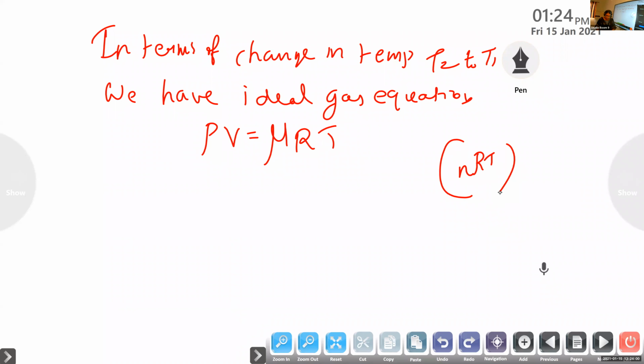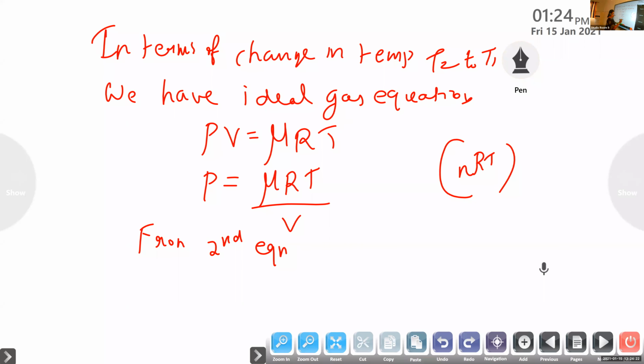Okay, so PV is equal to mu RT, and in these terms, P is equal to mu RT by V. We are going to get a relation. P is equal to mu RT by V. And from the second equation, PV gamma is equal to constant.